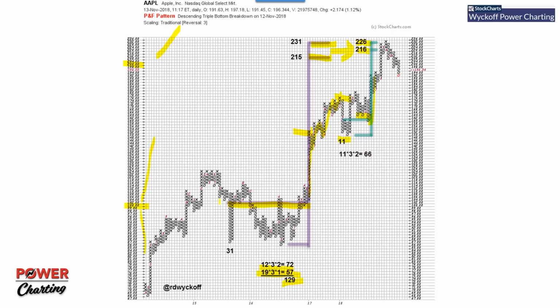Okay, so big count, confirmation count 216, 226, 215, 231. And so this is going to help us to answer the question that we posed at the beginning, which was, what is it that caused the market to turn on a dime in Apple and just start to show weakness and go down?